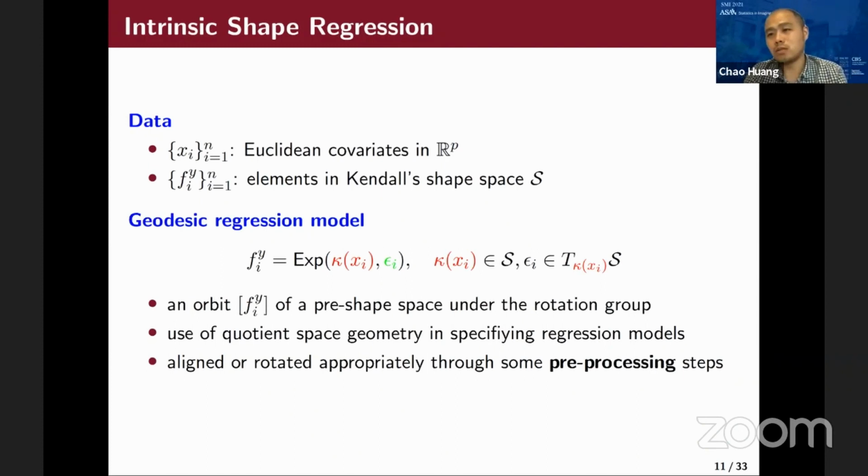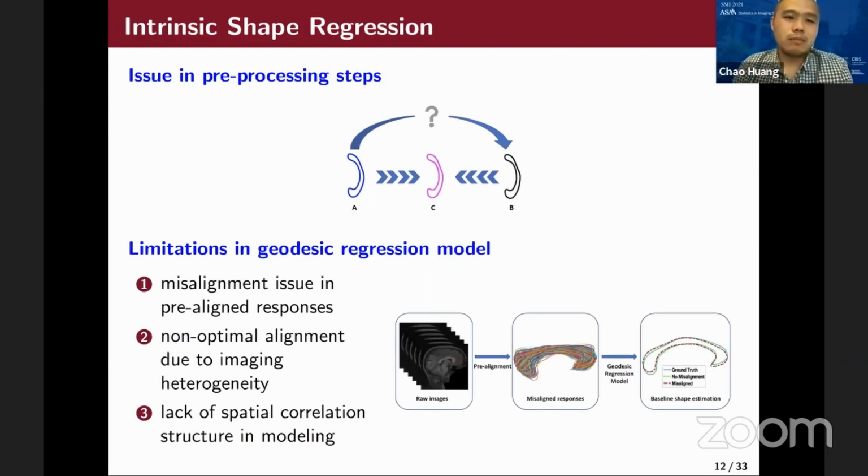And in practice, we usually use some pre-processing steps, which means we remove these rotation group actions with a template. After these pre-processing steps, we call it shape information. But there are some issues in these steps.